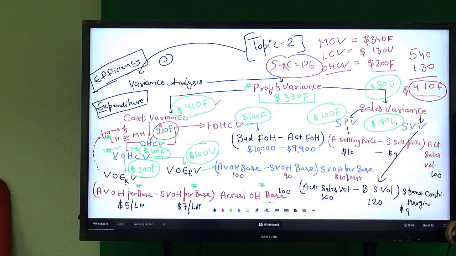Why is it U? Because I was planning to sell 120 units, but actually I am selling 100 units.